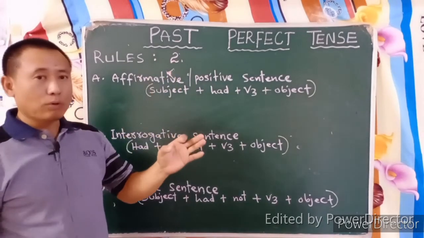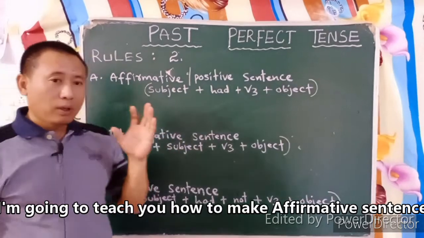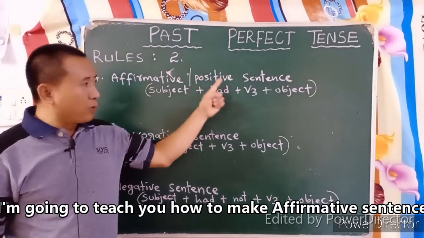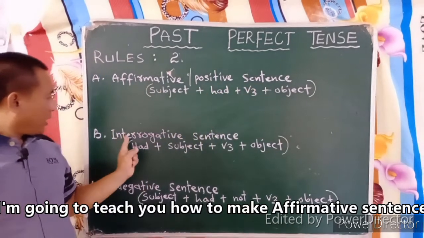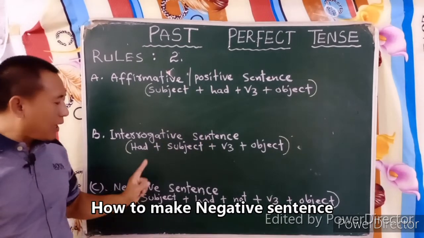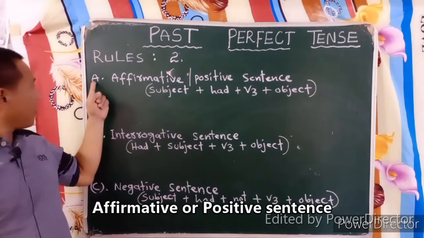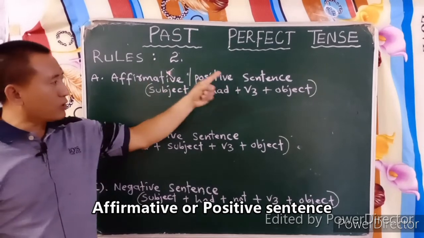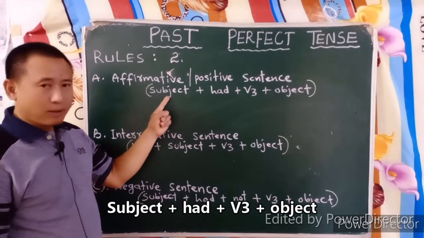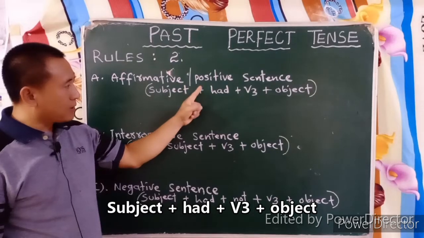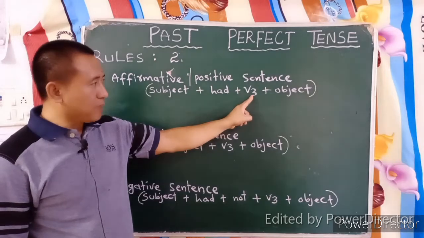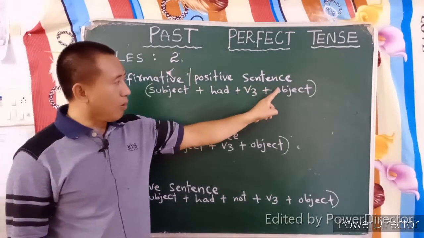In rule 2, I'm going to teach you how to make an affirmative or positive sentence, how to make an interrogative sentence, and how to make a negative sentence. See here, A, affirmative or positive sentence. This is the rule: subject comes first, plus had, plus V3 past participle verb, plus object.